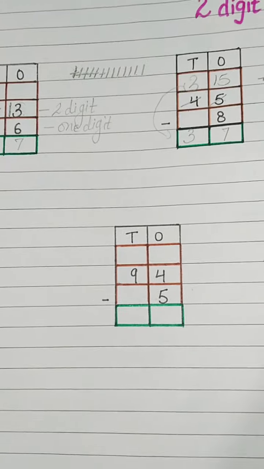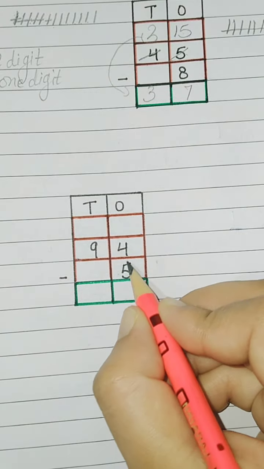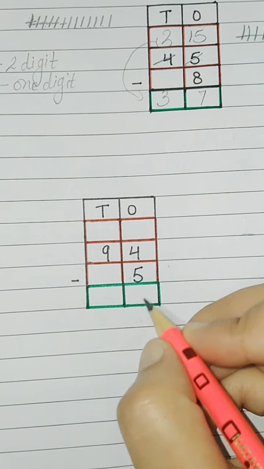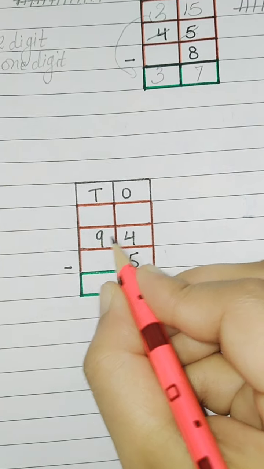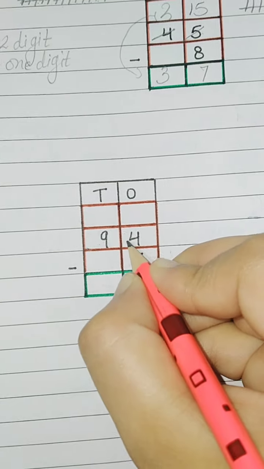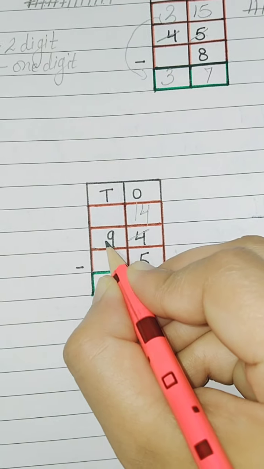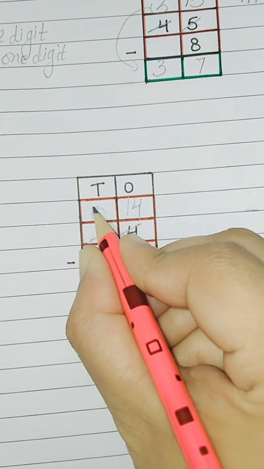So now there is one more example. We cannot subtract 5 from 4 because 4 is less than 5. We cannot subtract a number which is greater than it. So what will we do? We will take one from its partner, and it will become 14. And the partner will become one less than 9, it will become 8.